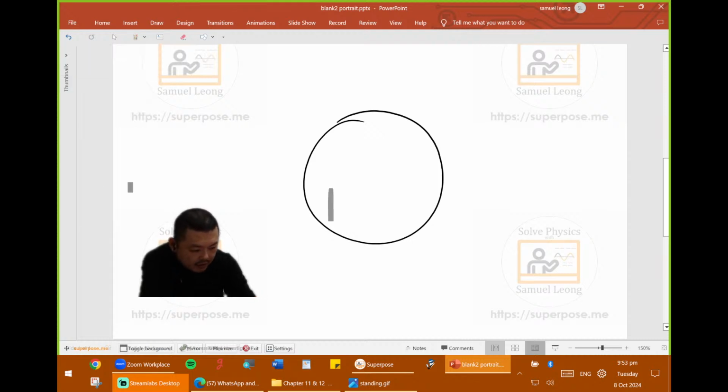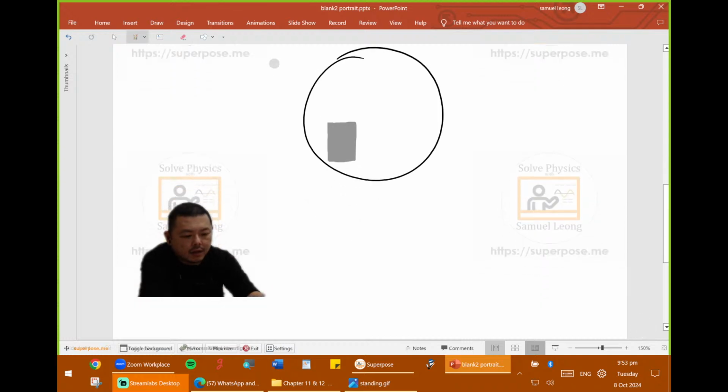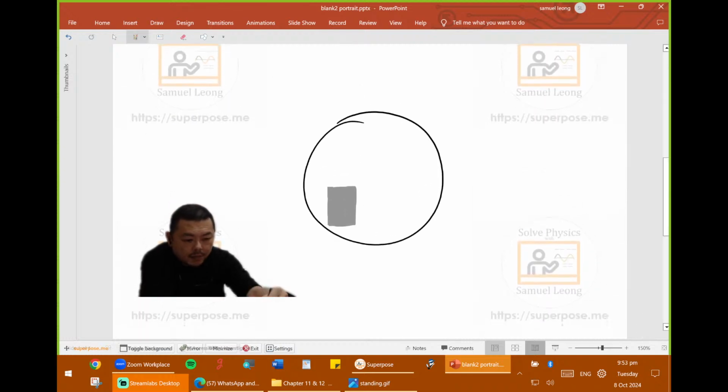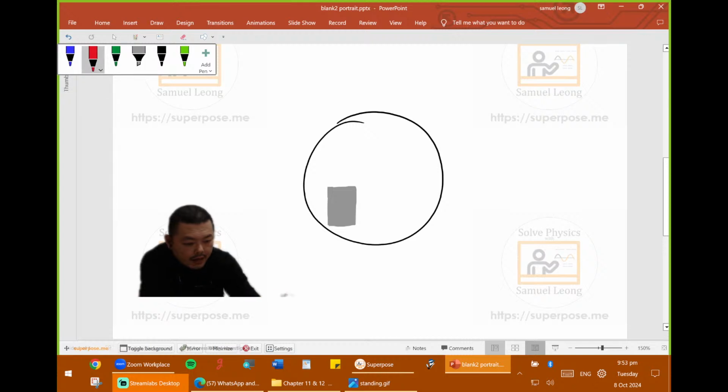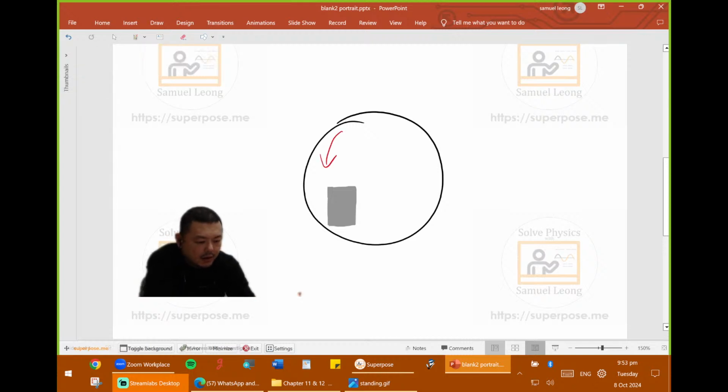Magnetic field was here, is it? Okay. And the disk is spinning this way, right? How does the magnetic field look? From the bottom to the top. So let's say this is top view. Is it coming out of the page? Okay, coming out of the page.